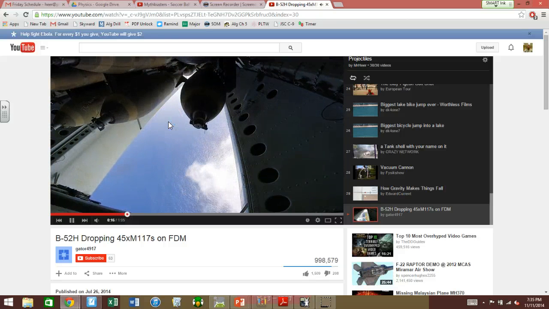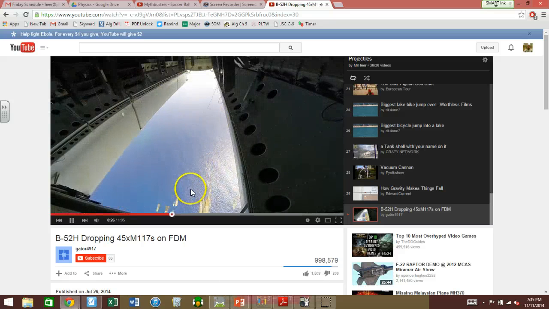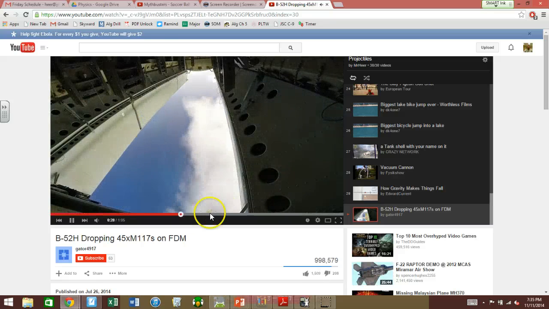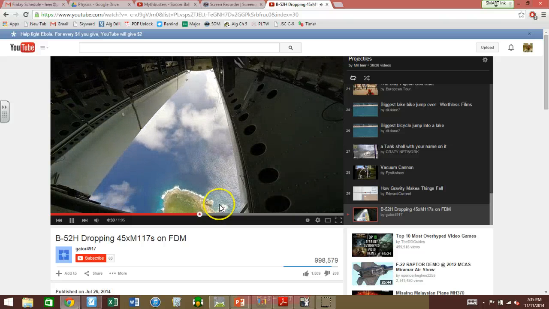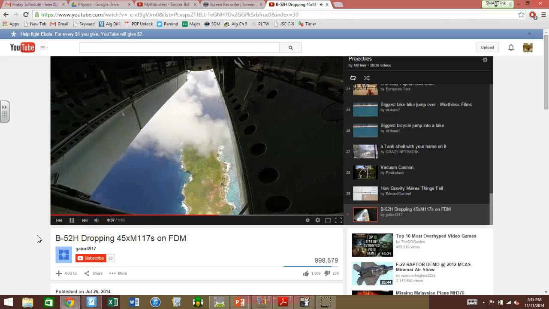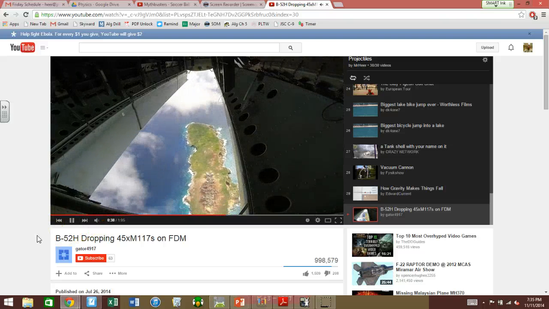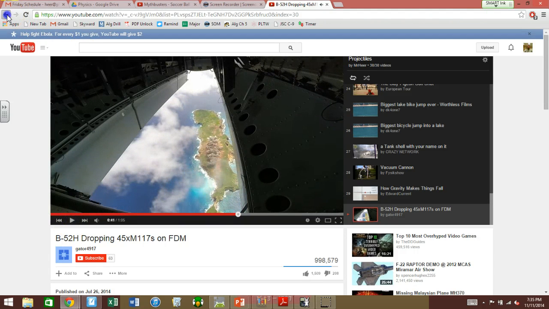The bombs move forward at a constant speed. So when these things drop, they stay right below the plane. They'll stay exactly straight below the plane the entire time. See all these bombs? You can still see them as they're falling. And then all of a sudden, boom, they come in contact with their practice bombing run. Isn't that neat? Moving forward at a constant speed.